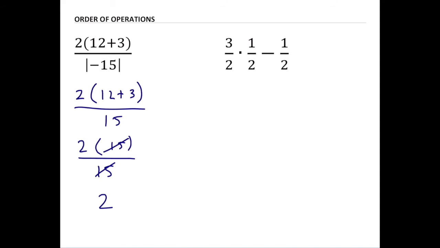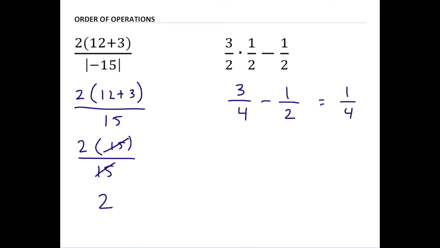Okay, the next one, we've got fractions now, and we have multiplication and subtraction. So I'm going to do the multiplication first, and remember with fractions we multiply across. So we have 3 times 1 is 3, 2 times 2 is 4. So then we have 3/4 minus 1/2. And if you're familiar with measurements at all, if you've used a ruler or tape measure, 3/4 minus 1/2 is really just equal to 1/4, right?